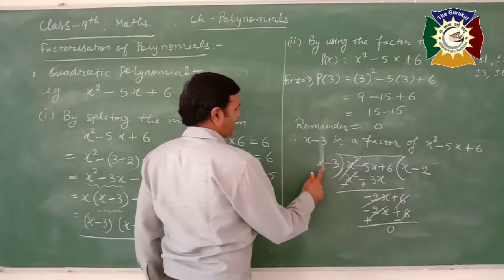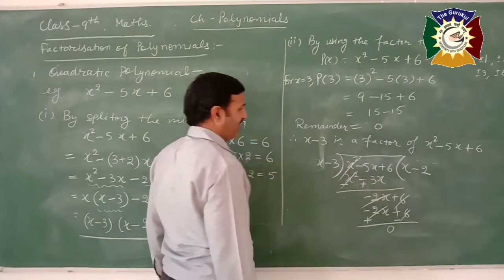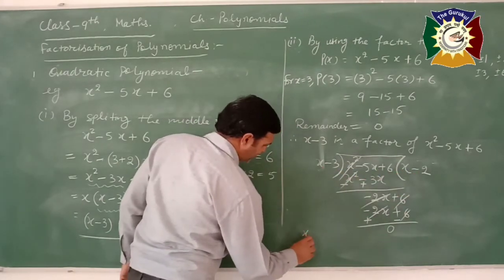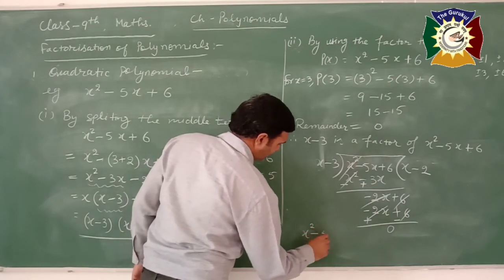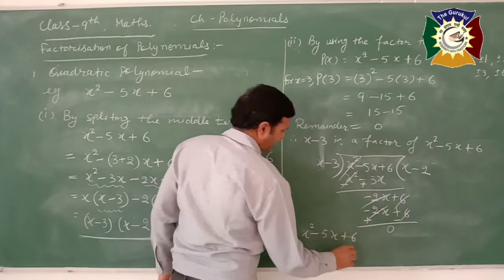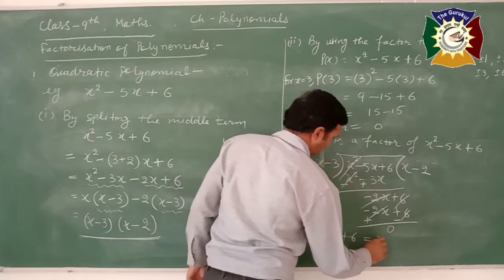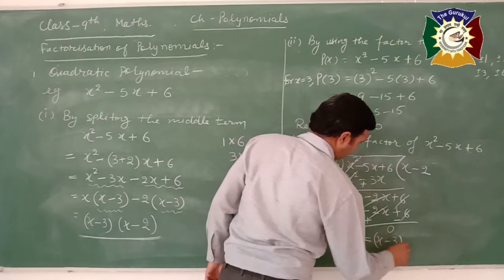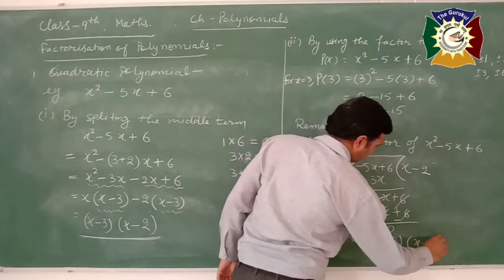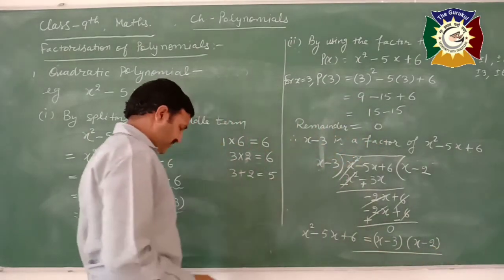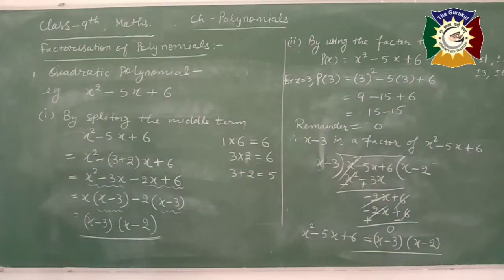We have two factors now, one is x minus 3, another x minus 2. So the factors of x square minus 5x plus 6 are x minus 3 and x minus 2. These are the factors by using the factor theorem.